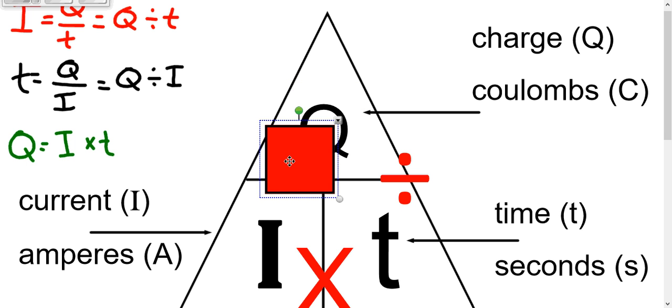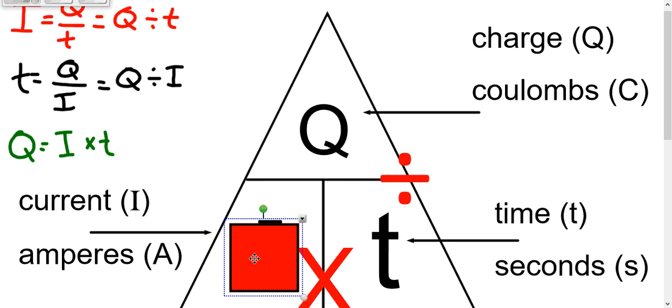If I'm trying to solve for current, which is I, I'm going to cover up the I. Then I'm left with Q on the top and T on the bottom. So Q over T, and that line means divided by, just like I've got here. So again, I is equal to Q divided by T, or if you like, Q with the division sign, although I'm always going to use the line, Q over T.